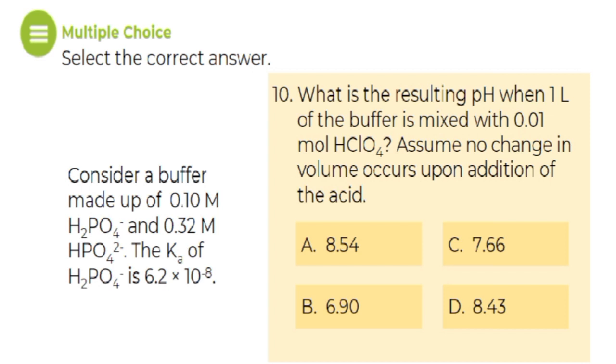So, what is the resulting pH when 1 liter of the buffer is mixed with 0.01 mole HClO4? Assume no change in volume occurs upon addition of the acid. So, is it letter A, which is 8.54, letter B, 6.90, letter C, 7.66, or is it letter D, 8.43?